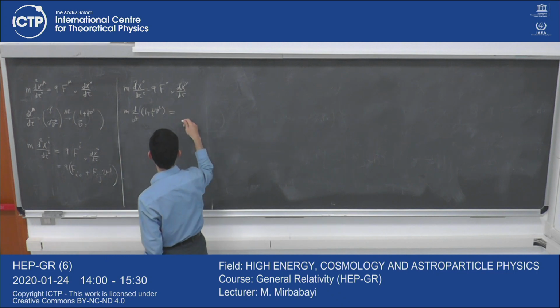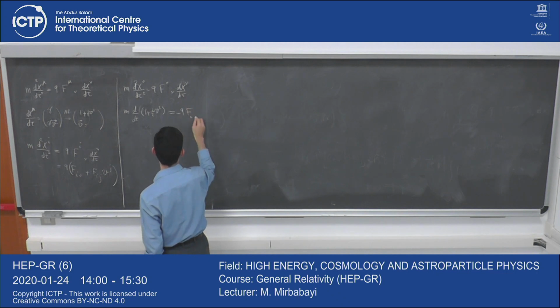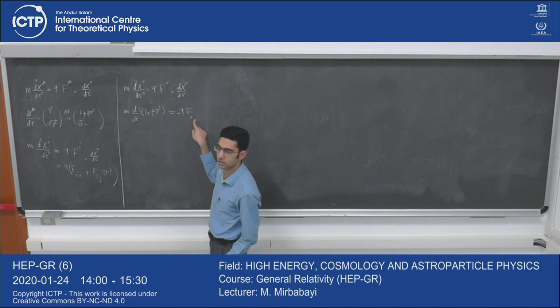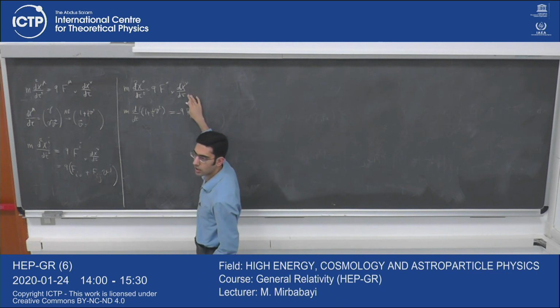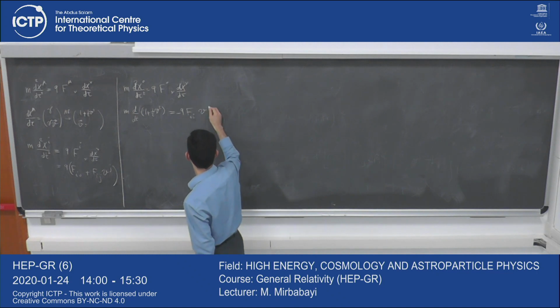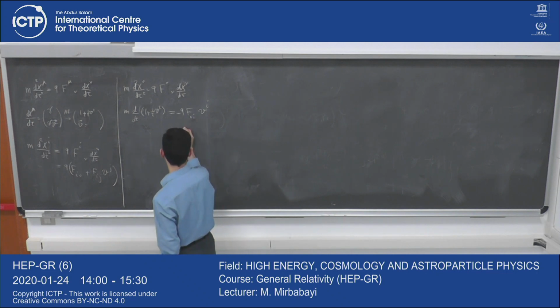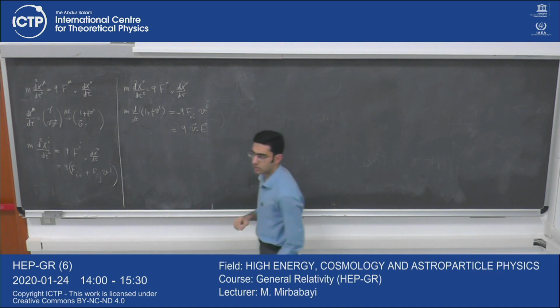And then on the right-hand side, I have q. Let's bring down this index. So F0, and since F mu nu is antisymmetric and I have one 0 index, the other one should be a spatial index. So I get F0i times dx^i by dt, which is the velocity v i. And now F0i is just the electric field. So here I get q times v dot the electric field.